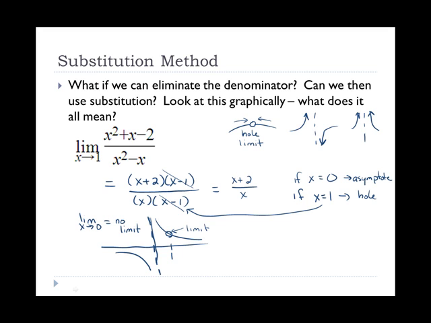But if I ask you for x equals 1, what we can do is plug x equals 1 into x plus 2 over x, and we get that the limit is 3 over 1, or 3.